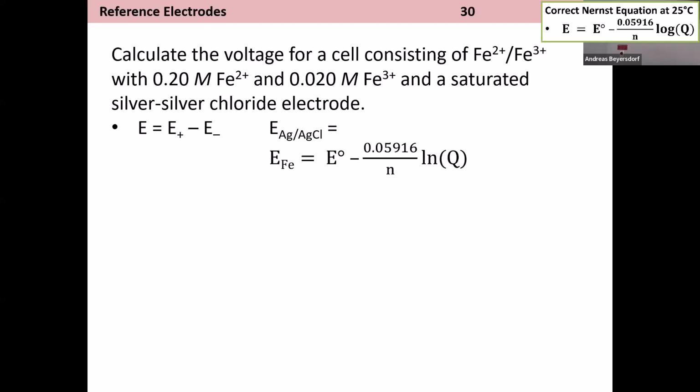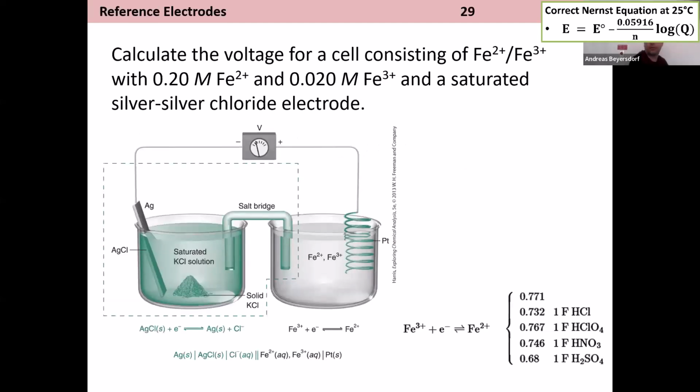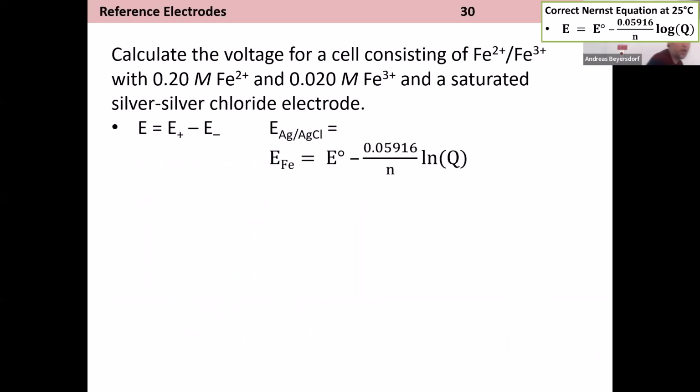Three plus to 2 plus, right? So this 0.771 corresponds to Fe3+ going to Fe2+ by gaining 1 electron. You can go back to the table and see Fe3+ plus 1 electron goes to Fe2+. So that's our reaction occurring here. That means n equals 1. And in this case, our Q would be Fe2+ over Fe3+.